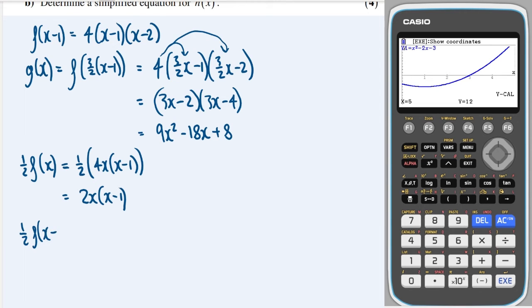So we replace x with x plus 1, and x turns into x plus 1, then minus 1 just becomes x. So multiplying out these brackets will give me 2x squared plus 2x.